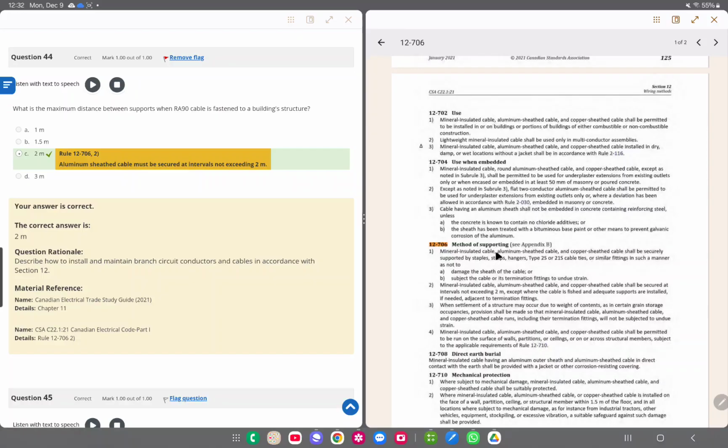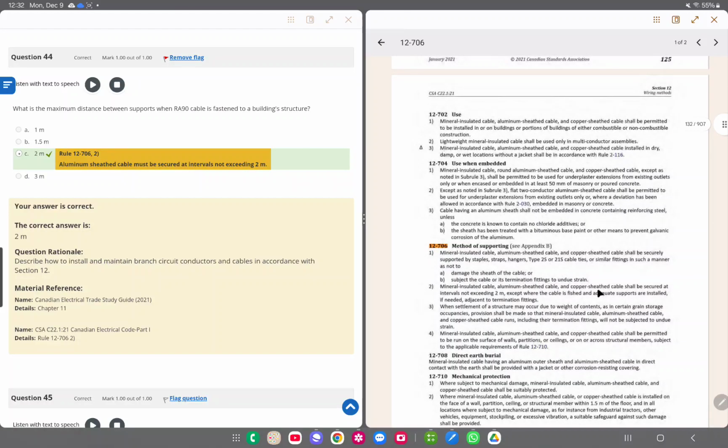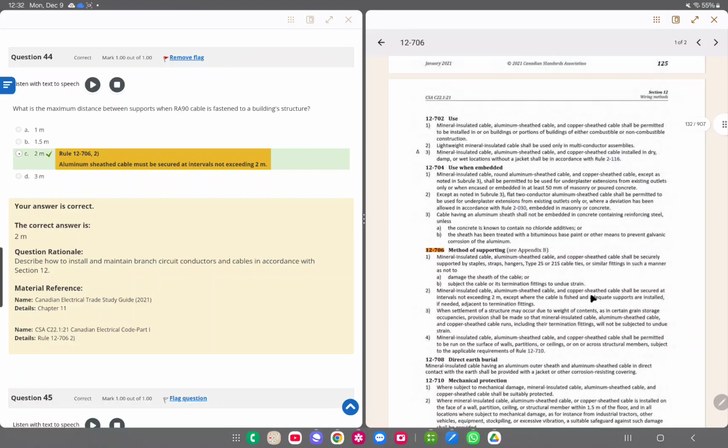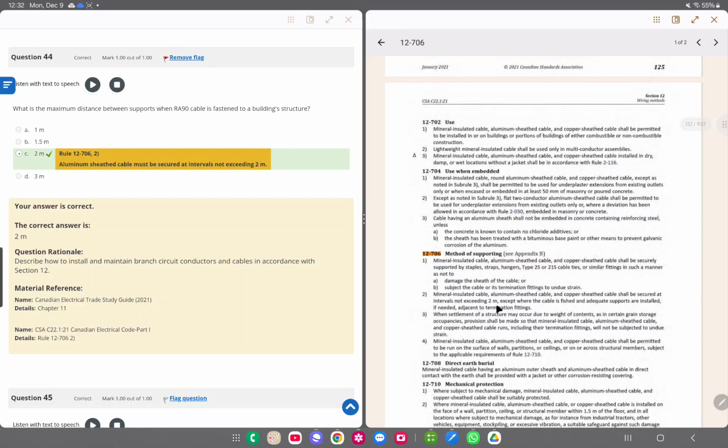Aluminum sheath cable must be secured at intervals not exceeding 2 meters. We've got 12-706, number 2, mineral insulated cable, aluminum sheath cable, and copper sheath cable shall be secured at intervals not exceeding 2 meters, except where the cable is fished and adequate supports are installed adjacent to termination fittings.